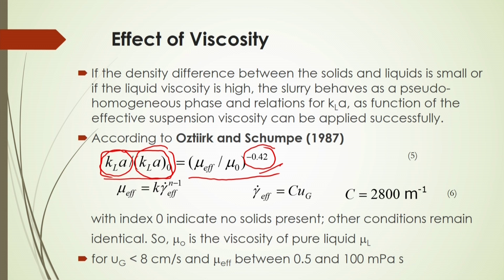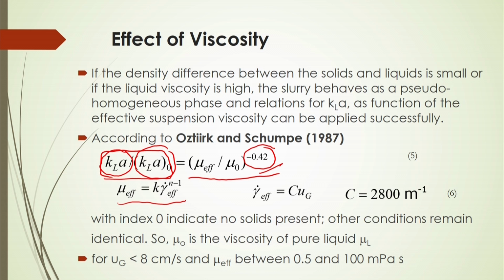Why this effective viscosity? Effective viscosity means whenever you are adding solid particles with a certain concentration, there will be a change of viscosity inside the bed, and this slurry viscosity compared to only clear liquid, that means pure liquid, only water viscosity, will be the effective viscosity there.